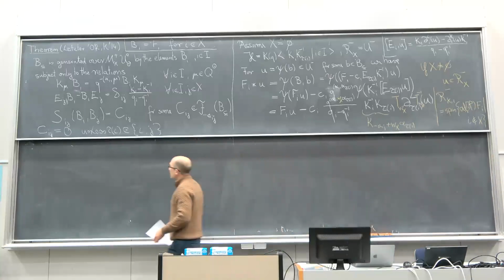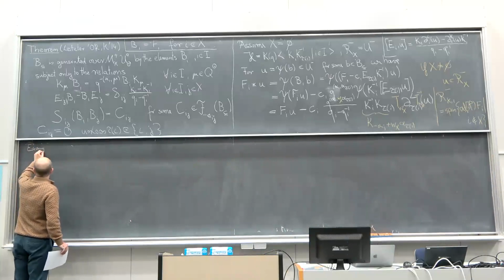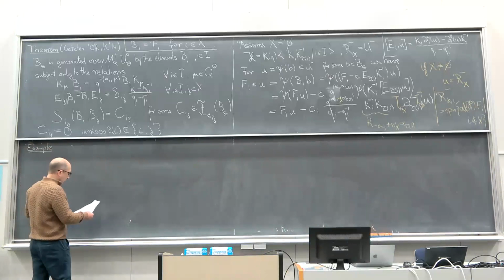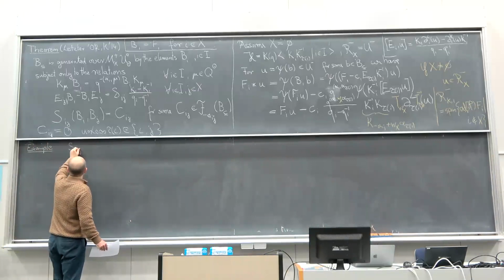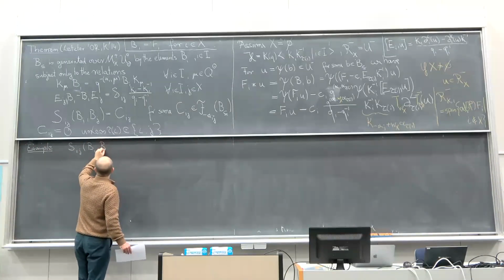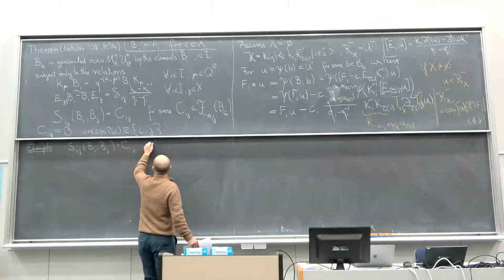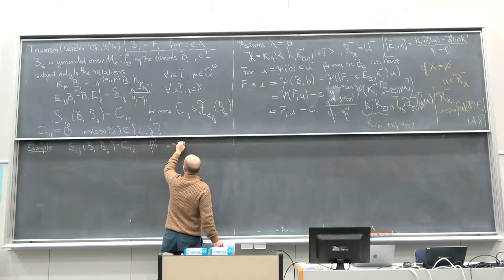So as an example, let's look at this relation here, S_ij of B_i, B_j is equal to C_ij, in the case i is equal to tau of j.